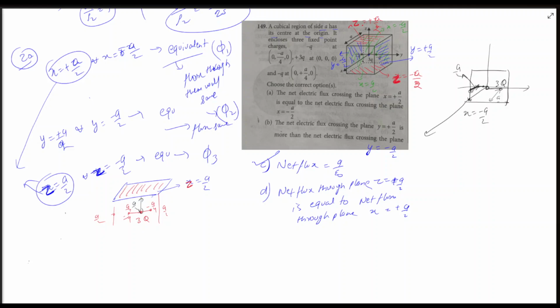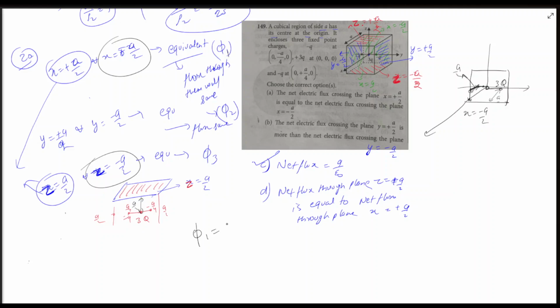So look, the front plane, top, bottom, and the plane behind, which is x a by 2, x minus a by 2, z a by 2, and z minus a by 2. These all are similar planes. These are similarly placed according to the charge. So Q1 will be equal to Q3.